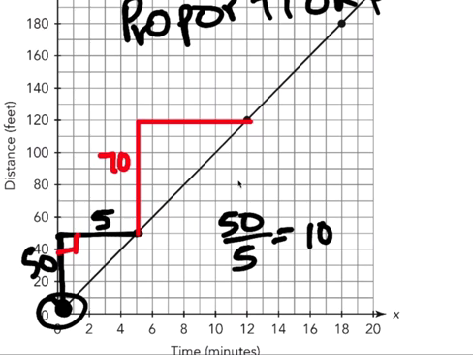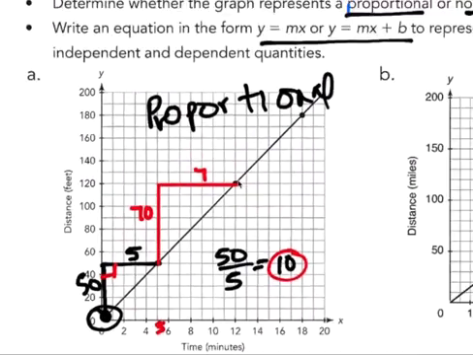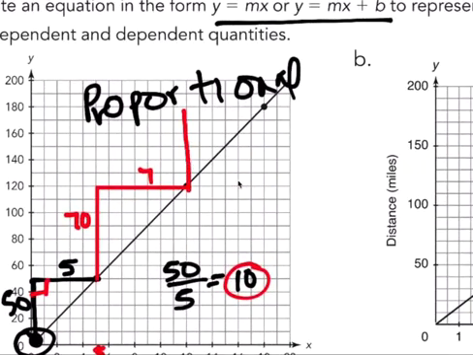And from 5 to 12 is 7. So 70 over 7 is still 10. So no matter where you start, you're going to have the same constant rate of proportionality, or rate of change, slope, they all mean the same, right? So we normally give this as m.